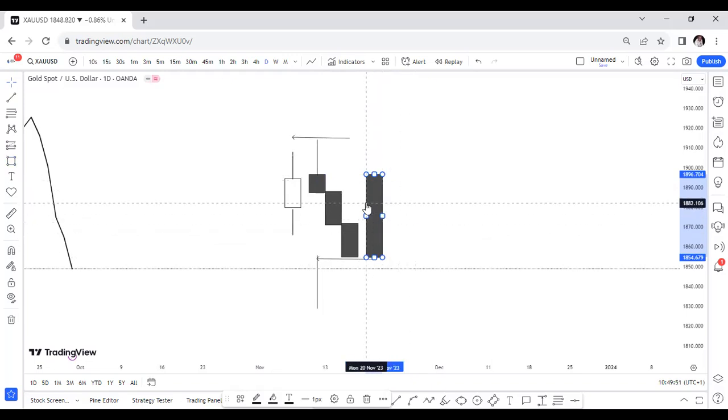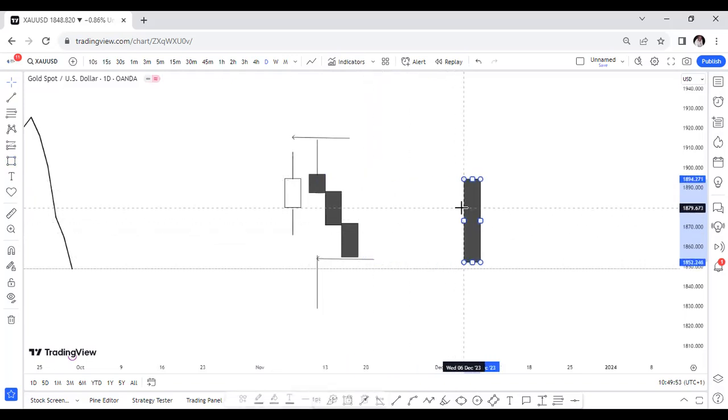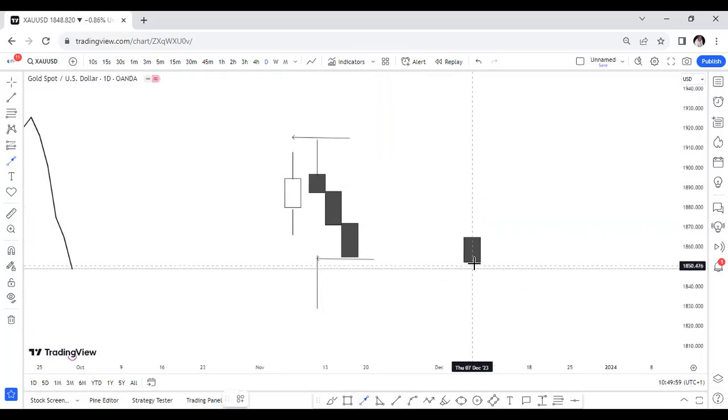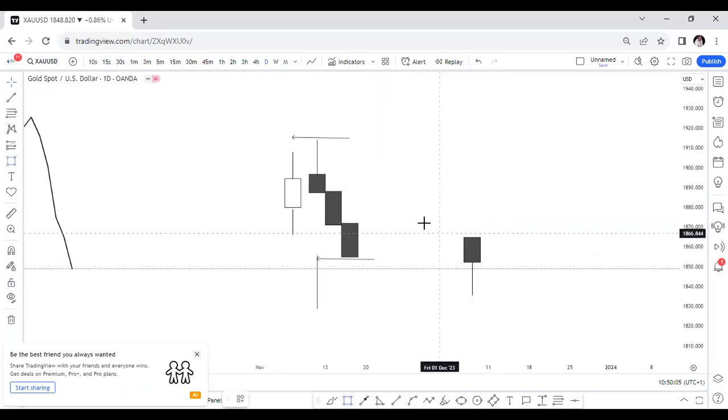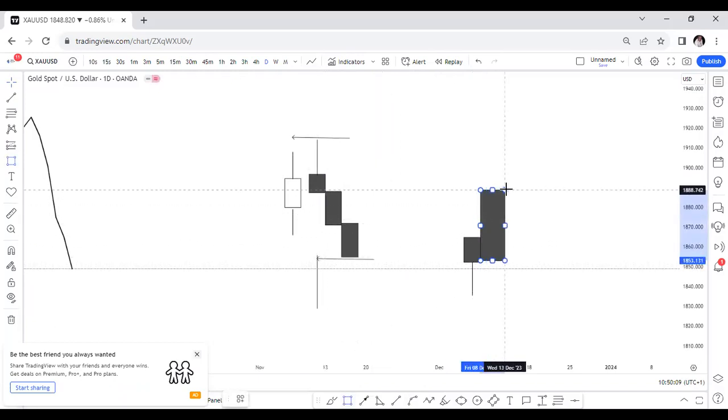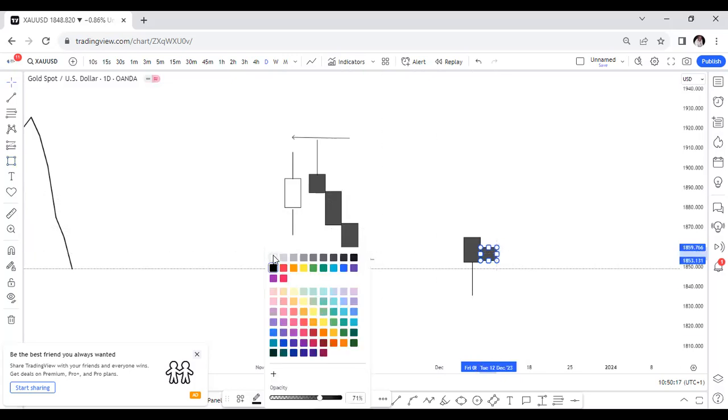So the other side of it is you can have this like this. For bearish engulfing, you may have that as a shorter body with a long wick. Then you may have this like this.